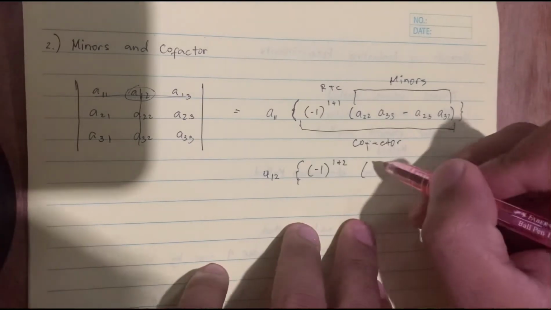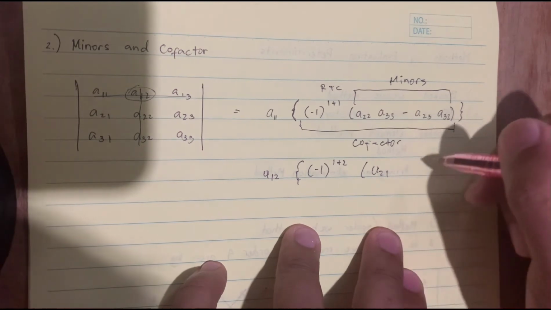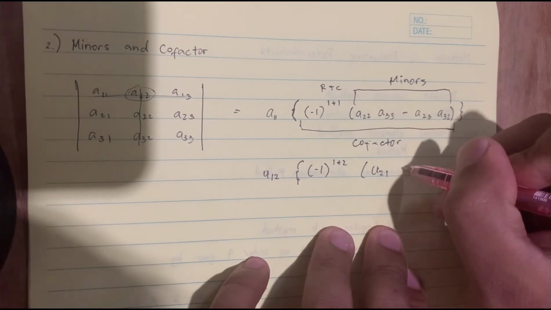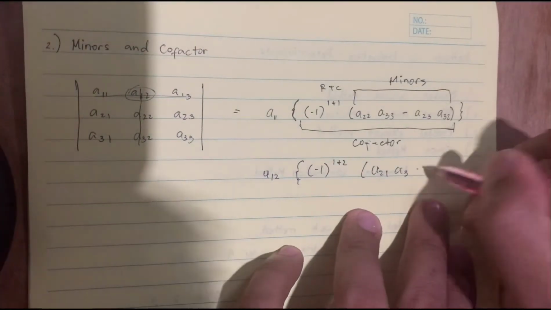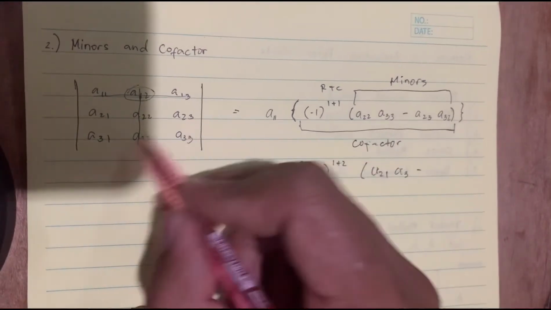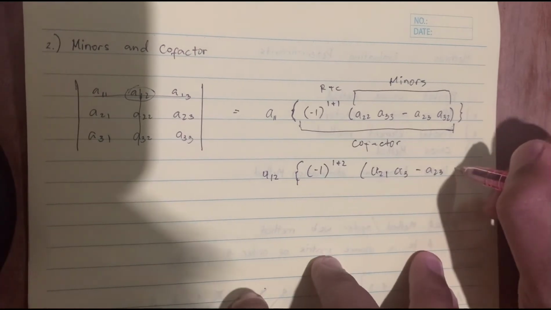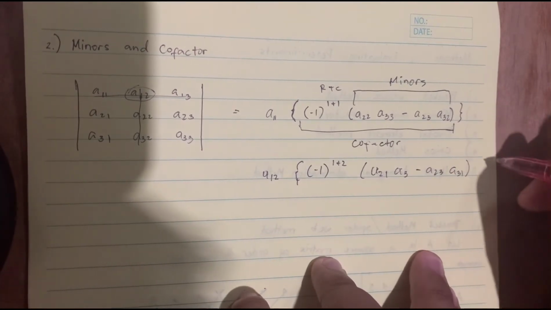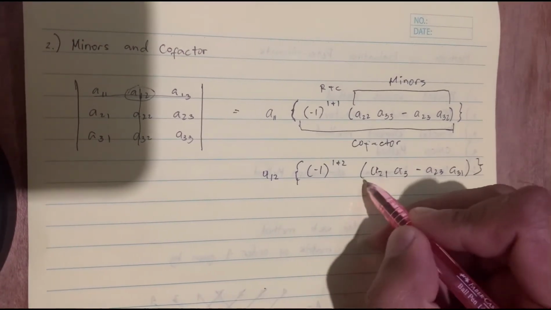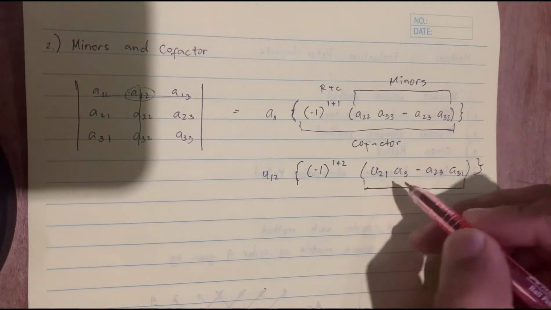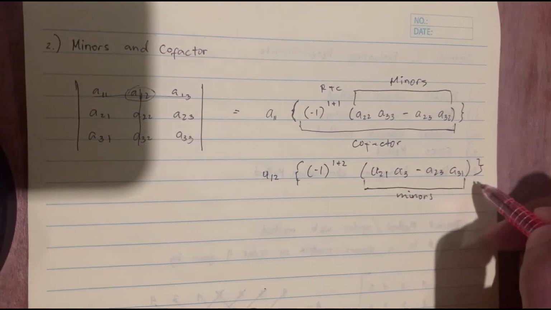Ito A21, A33, 33 diagonal minus kabilang diagonal naman A23, 23, A31. Again, this is the minor. This is the cofactor.